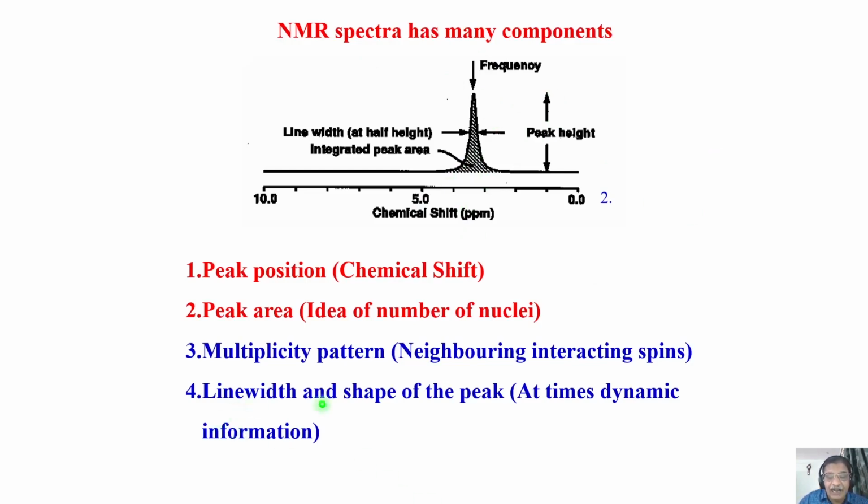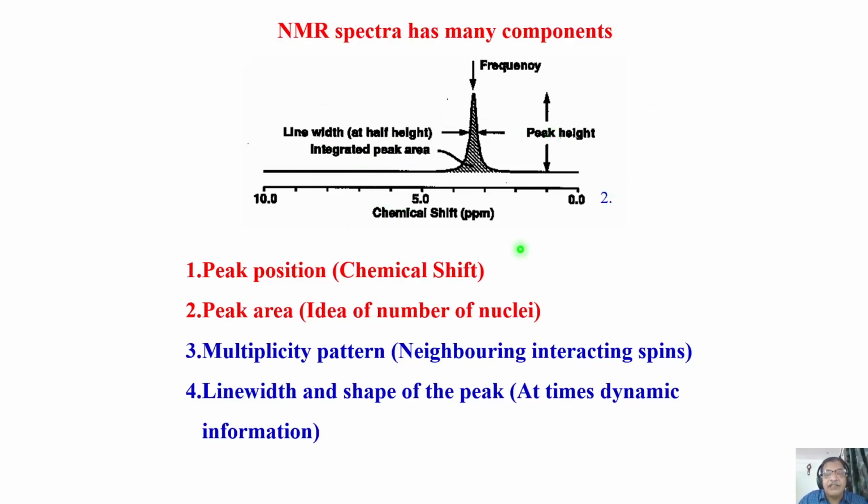Next is line width and shape of the peak. The shape of the peak and line width also give me sometimes dynamic information. Let us say I have taken an NMR spectrum with 2 peaks: one peak is very sharp, and the other peak is very broad. This has an information content. It tells me why this peak is broad.